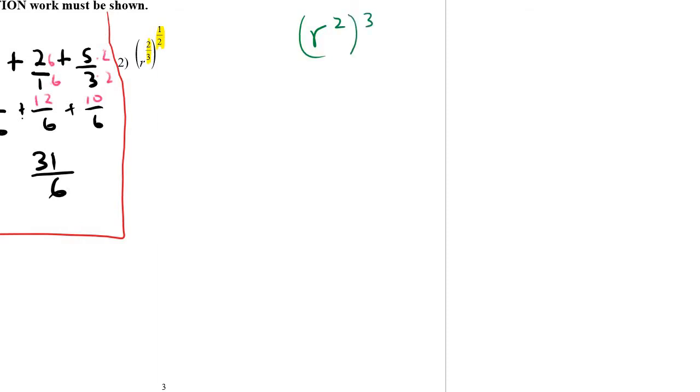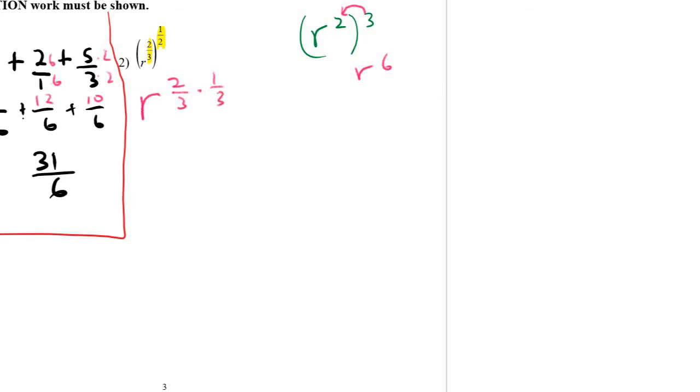What we did was we applied the second rule that says you apply the power to the power, so you multiply the powers. So that will be r to the 6th. We're going to do the same thing here. So this will be r to the 2/3 times 1/2. You're going to have to multiply them together.